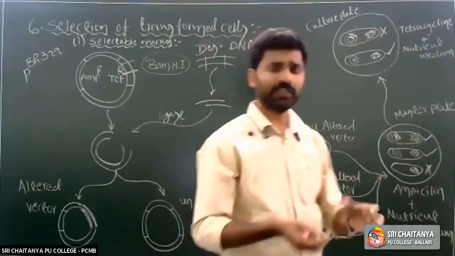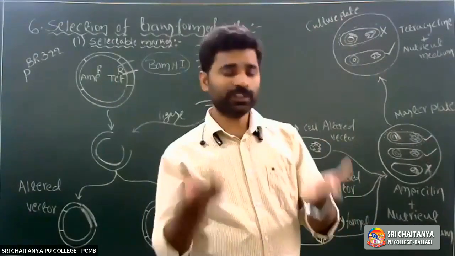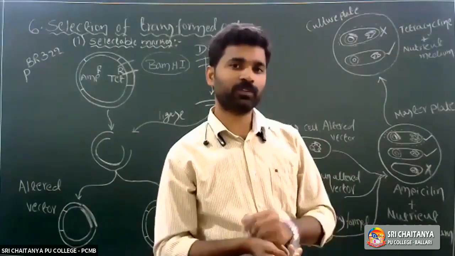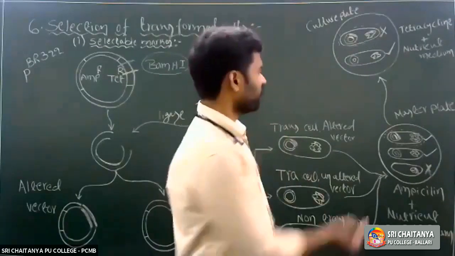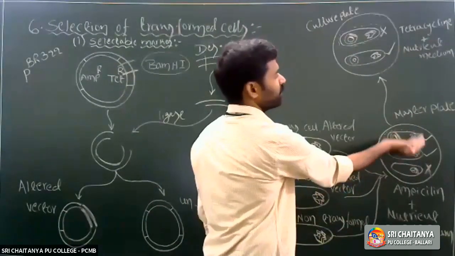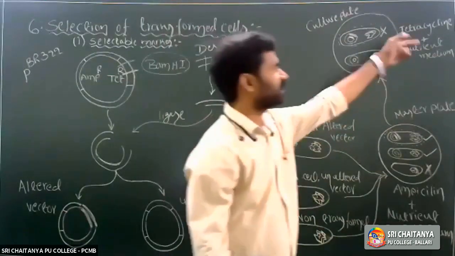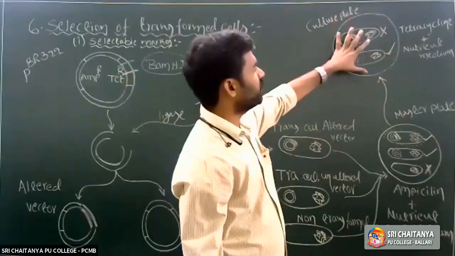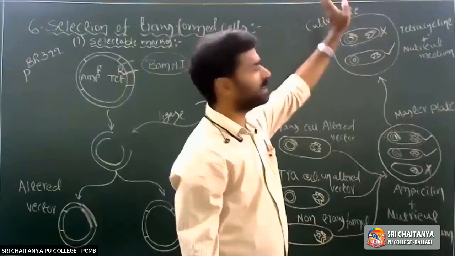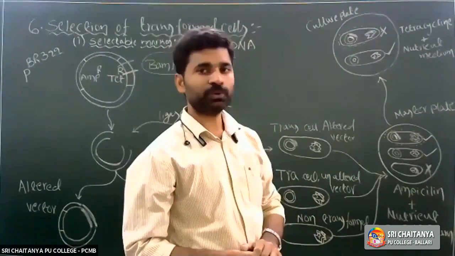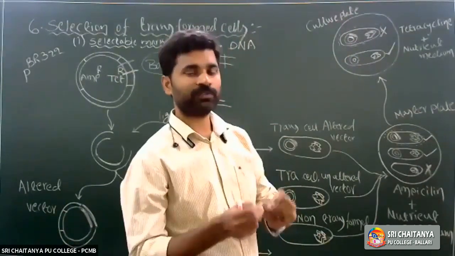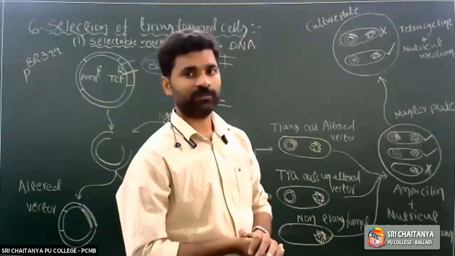So see, when we observe these two plates simultaneously under the microscope, we can easily separate them. How so? See, these two types of bacterial cells are transferred using velvet cloth into a culture plate which contains tetracycline medium. In the tetracycline medium, recombinant cells are completely eliminated due to inactivation of the tetracycline resistant gene, right?